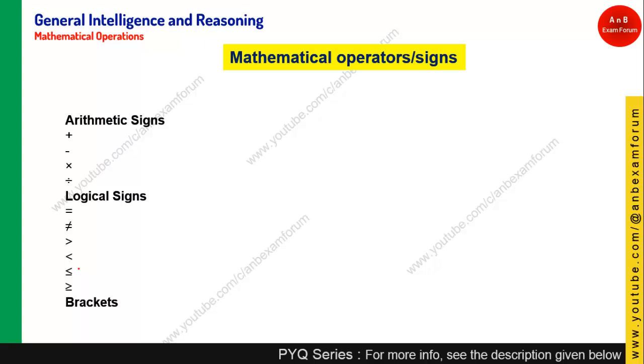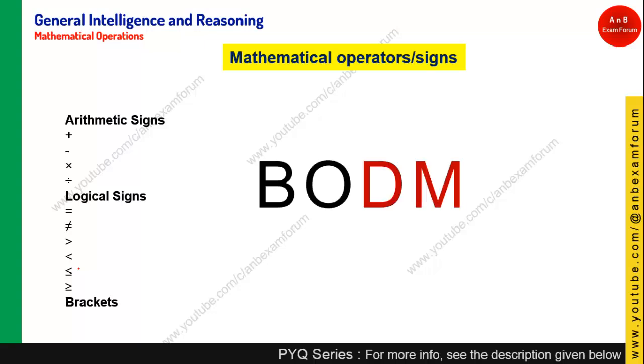In addition to that, we have some brackets. In order to solve these mathematical operation questions, you need to know the rule of BODMAS. Everybody knows BODMAS, we studied it in, I think, 5th grade.